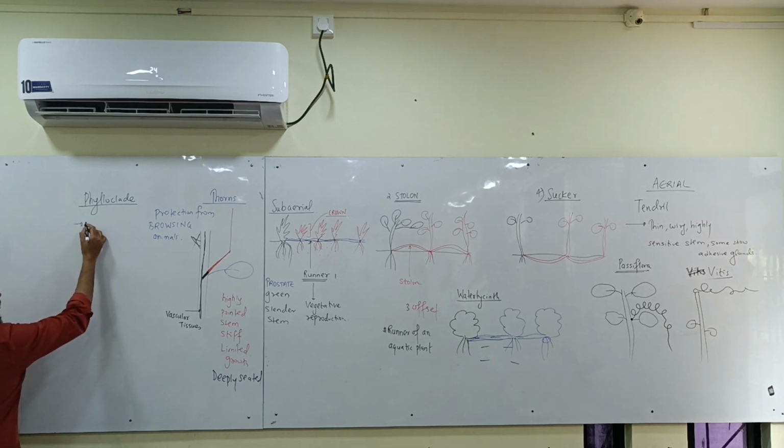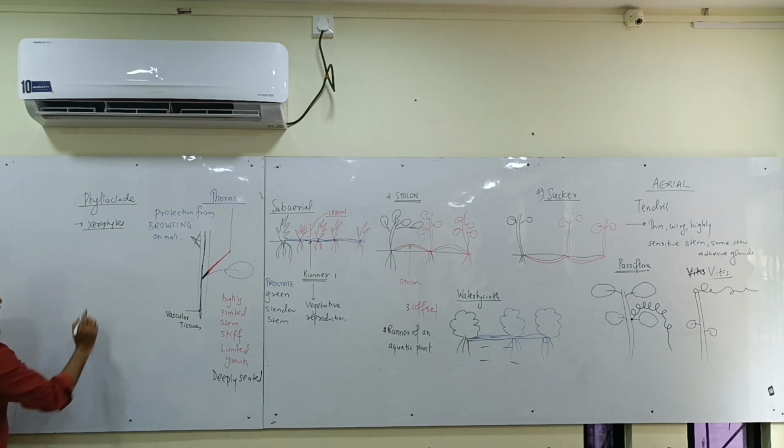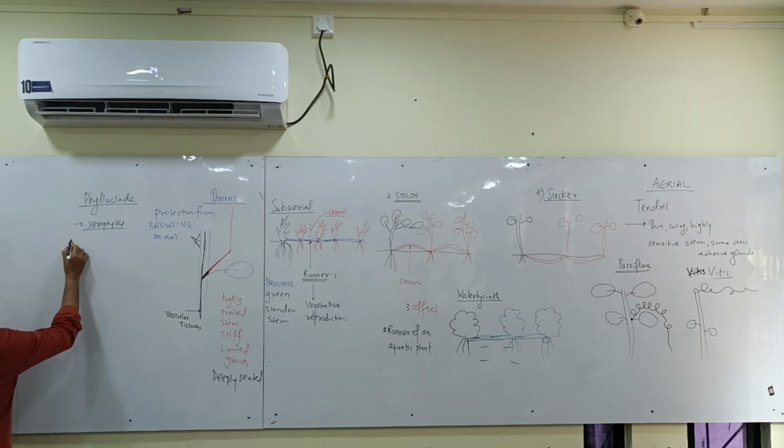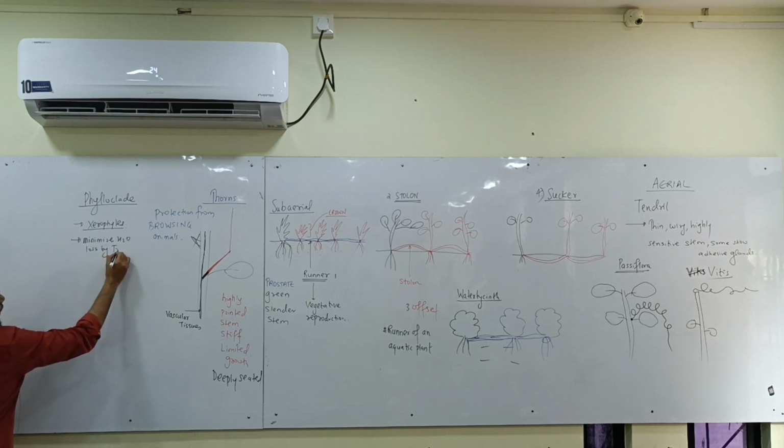It is found mostly in xerophytes. Who are xerophytes? Those plants which grow in dry, desert conditions are called xerophytes. Their main problem in life is they want to minimize water loss by the process of transpiration.